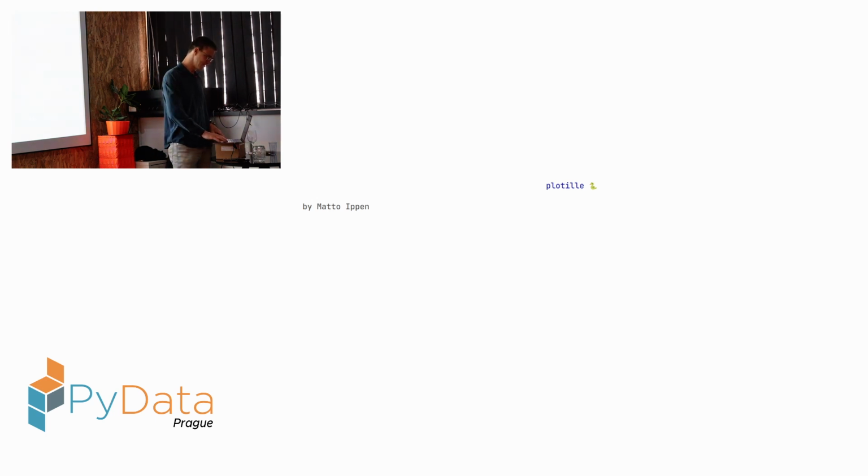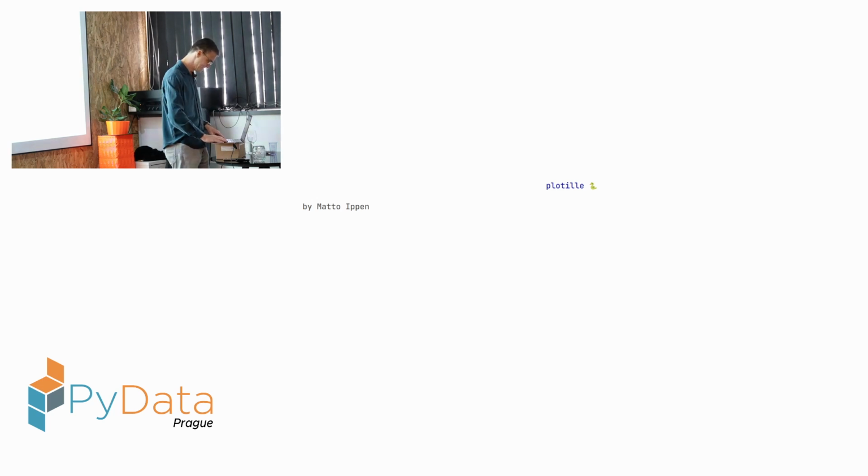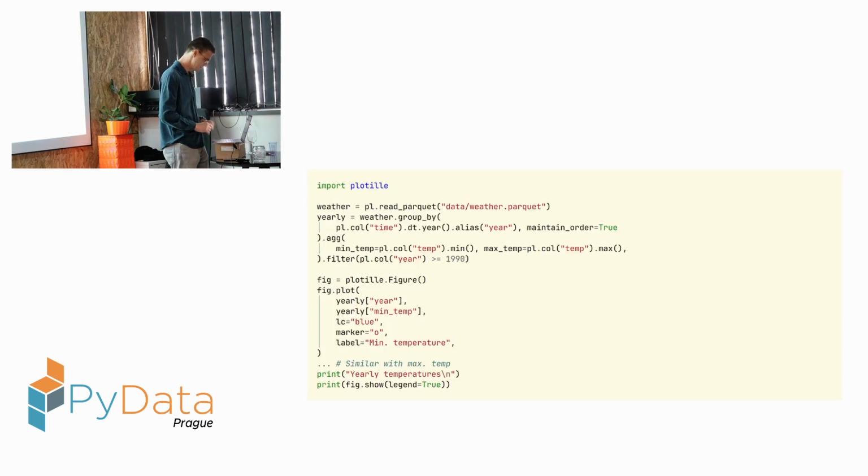So Plotil was written by someone called Mato Ipen, and the basic idea was that if you take the Braille characters, you can actually draw lines using Braille characters, because they split your characters into 6 different segments, so you have a more fine-grained approach to the screen. So if you want to draw lines, it's quite easy to do with those Braille characters.